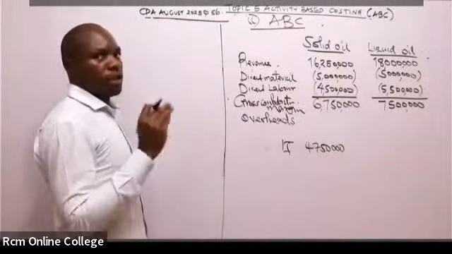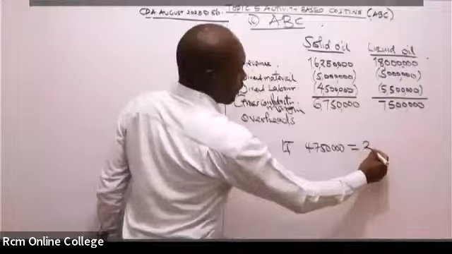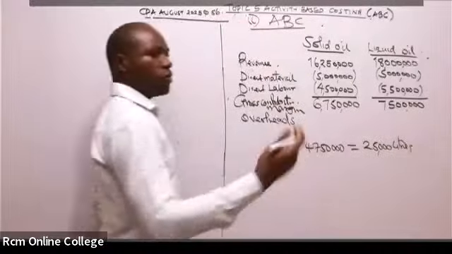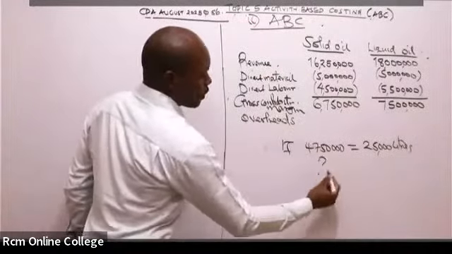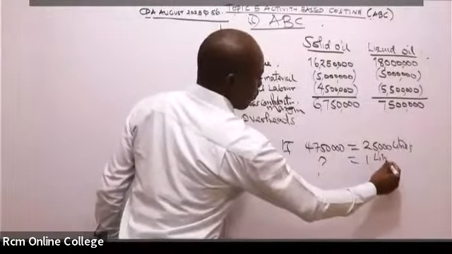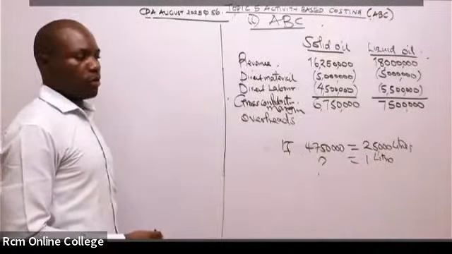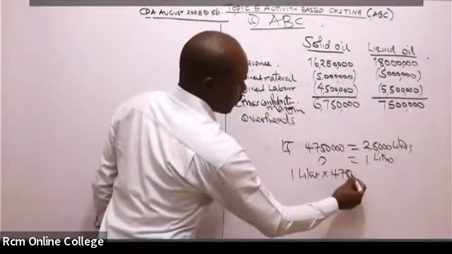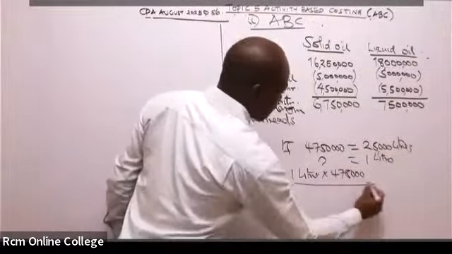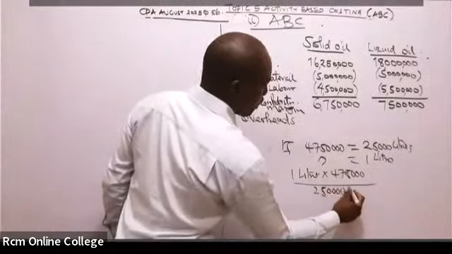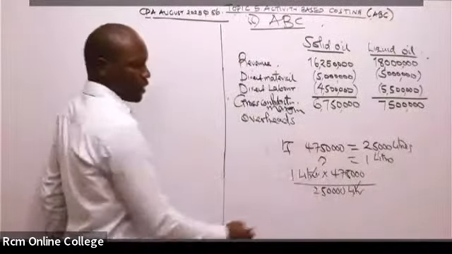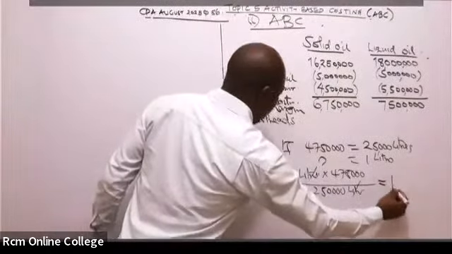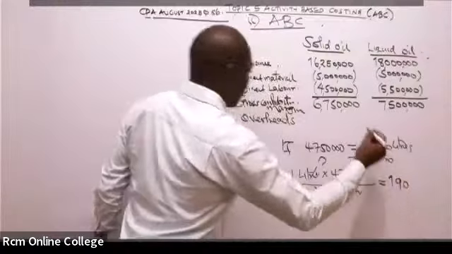If 4,750,000 net profit is for 25,000 liters, what is the profit per liter? So we take 1 liter times 4,750,000 shillings. We divide by 25,000 liters. Liter cancels liter. So can we take 4,750 divided by 25,000 and tell me whether it is equal to 190 or something else?